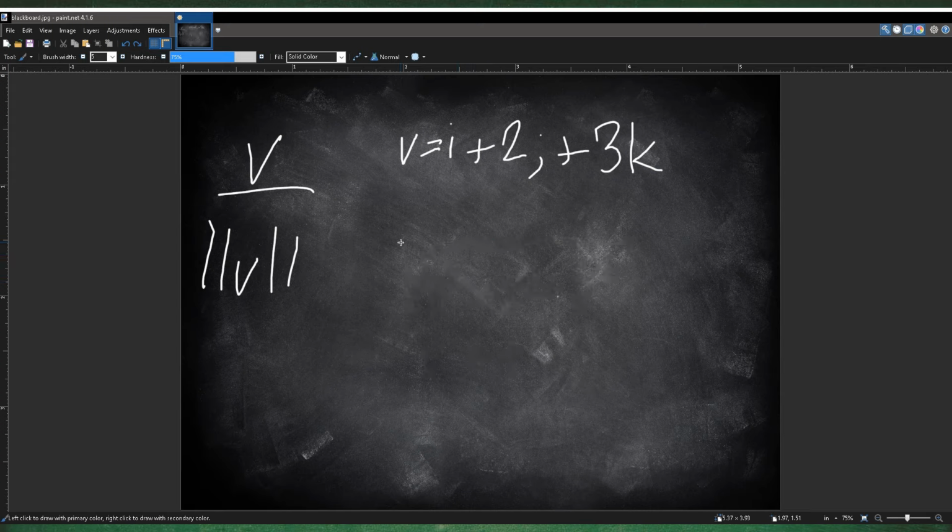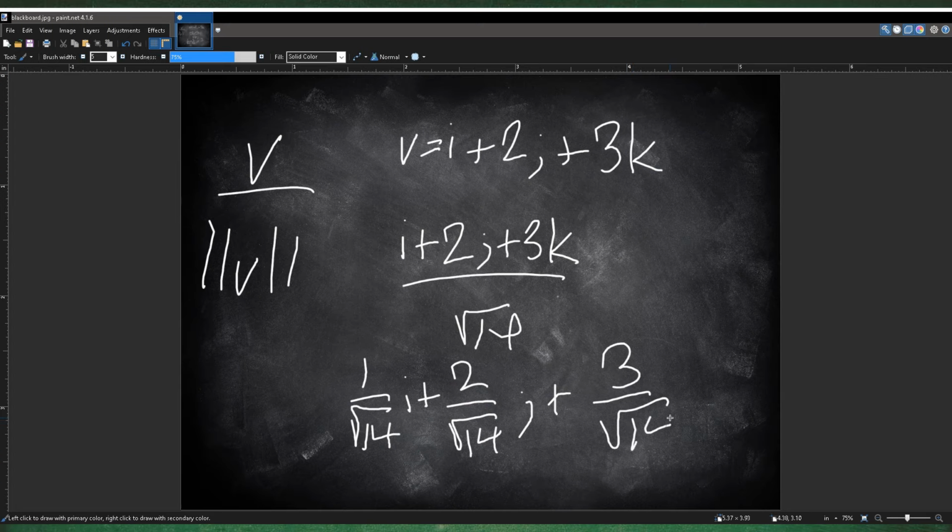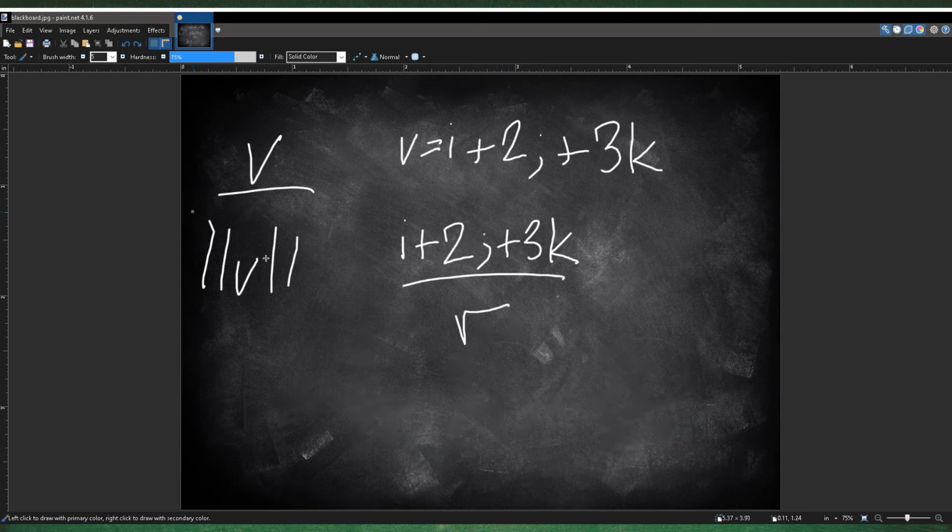So now you have i plus 2j plus 3k divided by square root 14. So it will be 1 over square root 14 i, plus 2 over square root 14 j, plus 3 over square root 14 k. So this would be the unit vector version of v, which is just the same process basically.